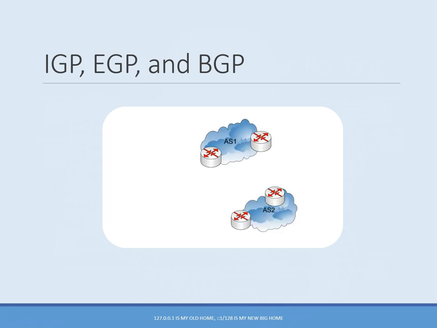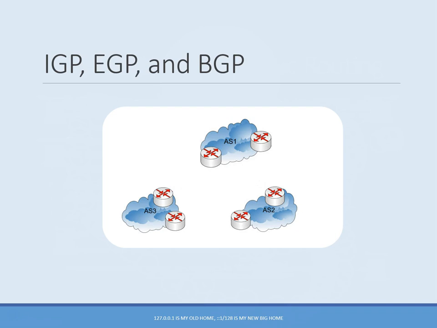Okay, before we explain what EGP, IGP and BGP are, we have to know what an autonomous system, or AS, is. An AS is a portion of a large internetwork that is under a given administrative authority.